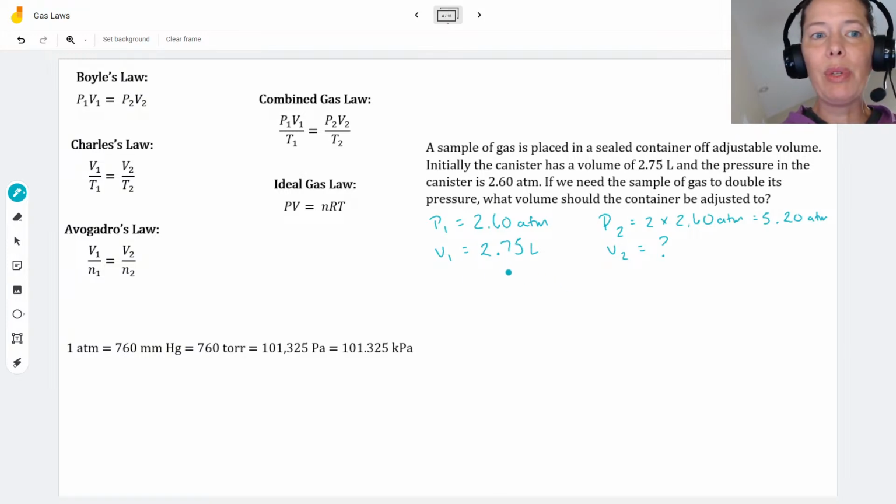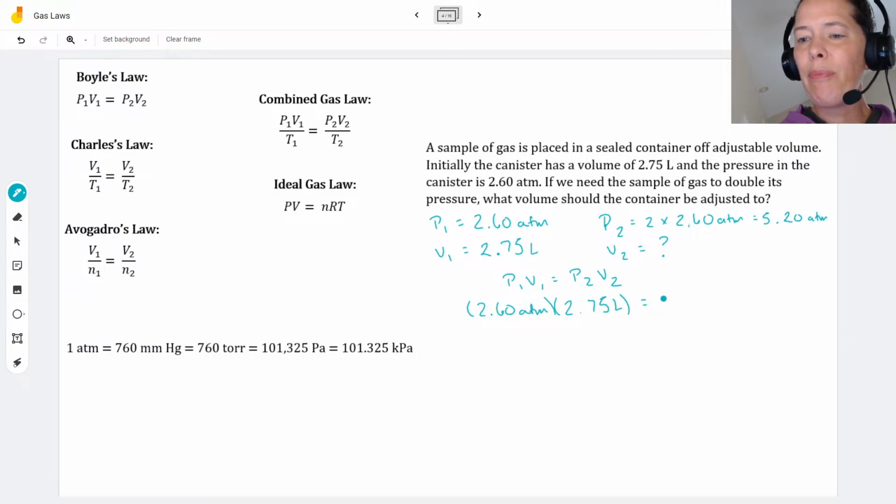And now I can plug into Boyle's law. So P1 V1 equals P2 V2. So this is 2.6 atmosphere, and initial volume is 2.75 liters. My P2 is 5.20 atmosphere, and my V2 is what I am solving for.